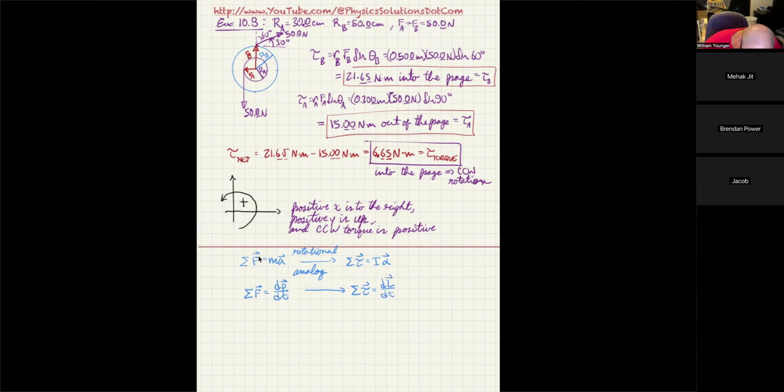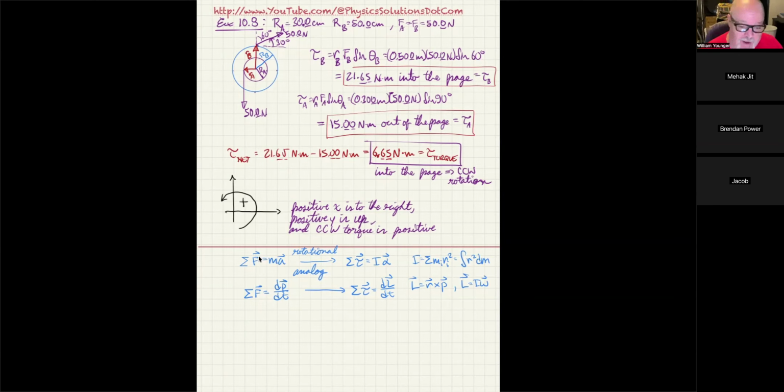And I should point out that I is equal to the summation of m sub i r sub i squared, which is equal to the integral of r squared dm. And I should point out that L is equal to r cross p, but also that L is equal to I omega.